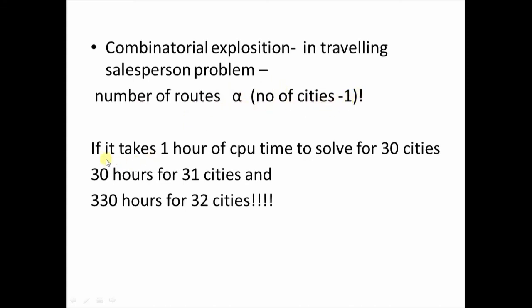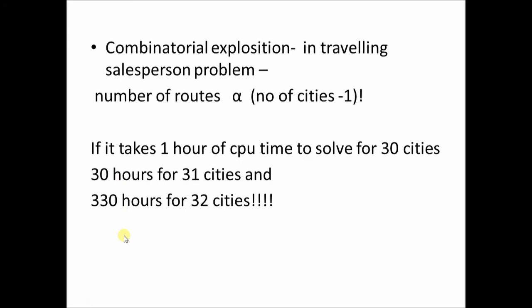For that matter, when we try to practically do this, if it takes 1 hour of CPU time to solve for 30 cities, just for 30 cities, then 30 hours for 31 cities will be required, and then 330 hours for 32 cities will be required. So you see the number of hours is increasing exponentially. This is called combinatorial explosion.